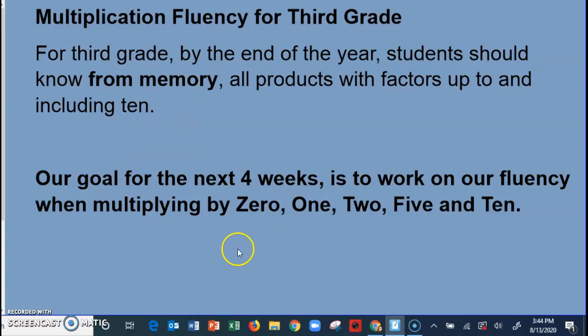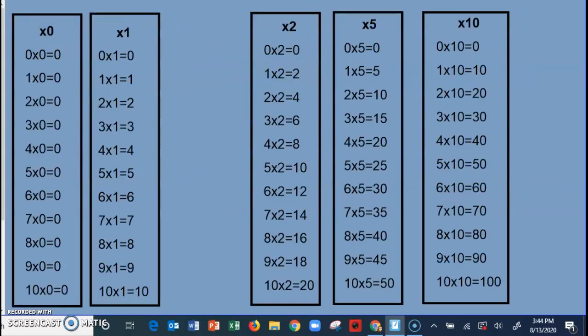Our goal for the next 4 weeks, and unfortunately that does include academic break, is to work on our fluency when multiplying by 0, 1, 2, 5, and 10, the ones we looked at today. Let's just see what that looks like. This is what we want to be fluent with. That means know from memory. We want to be able to answer these questions pretty smoothly, okay?